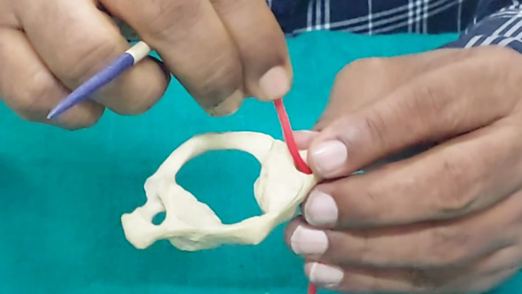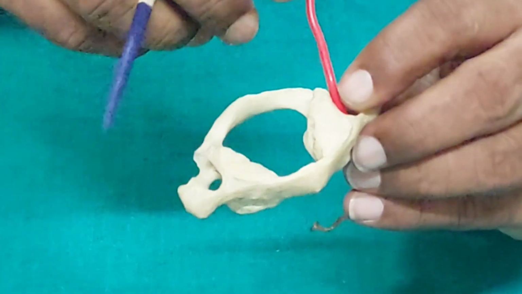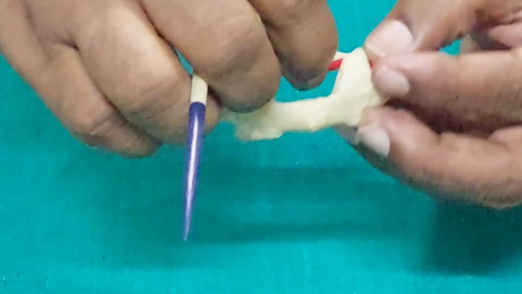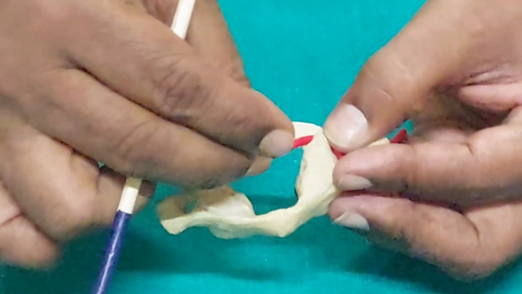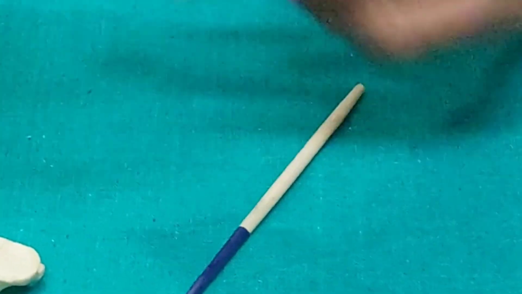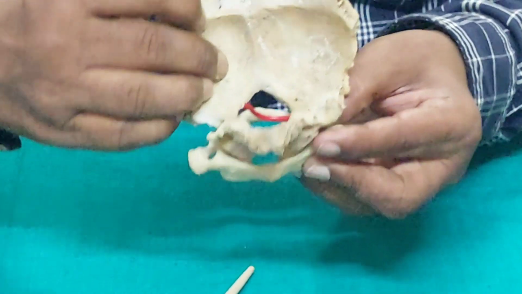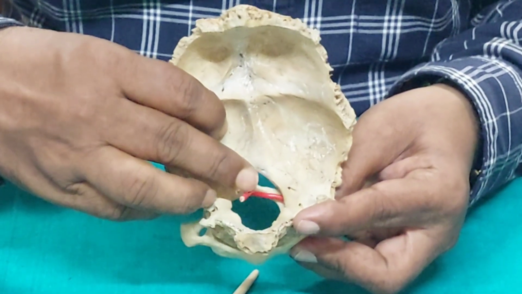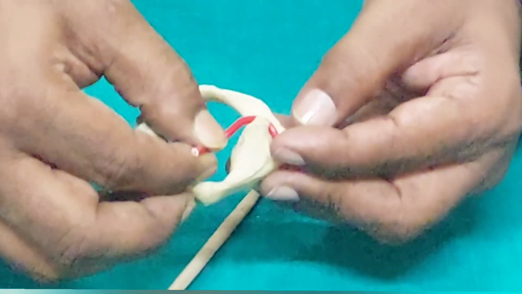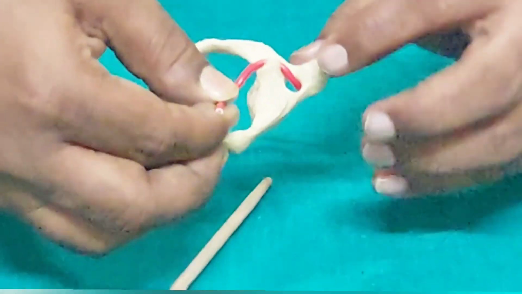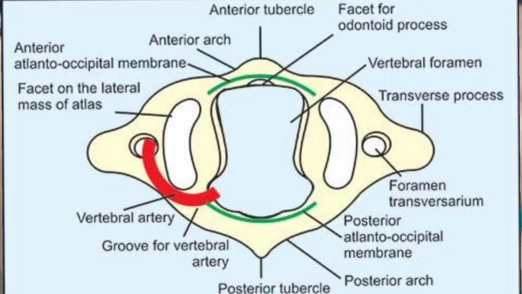After that, this vertebral artery passes over this groove here. Then it ascends upward and enters into the foramen magnum of the occipital bone here. Now it becomes the third part. So the vertebral artery becomes third part after it exits from the foramen transversarium of first cervical vertebra.